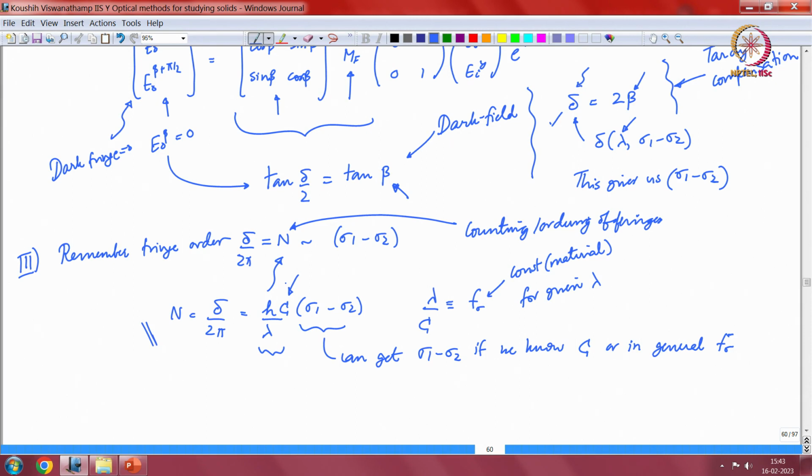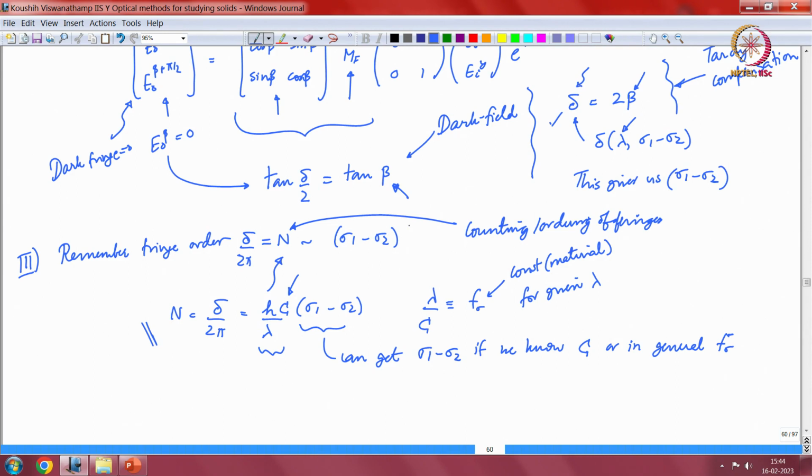If you do, then you can get sigma 1 minus sigma 2 if n is known, right. So, if you can count the fringes, if your point x comma y lies in the 5th fringe or the 6th fringe, then n is 5 or 6, and if you know the other constants, you can get sigma 1 minus sigma 2.